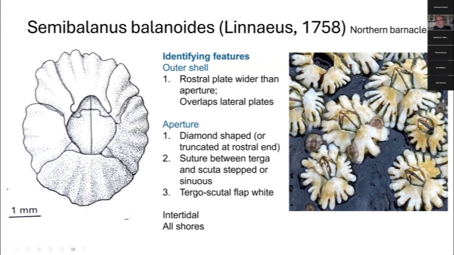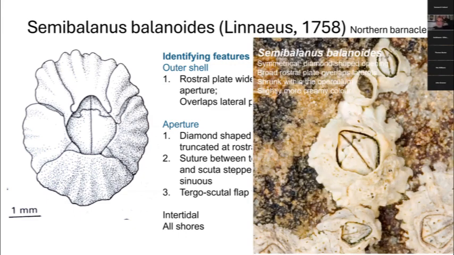You can actually see the tergoscutal flap, which is white in this species, and you can also see the micropyle open in this particular one, even though the legs aren't out. It's still closed, but it's starting to sample the environment. Here you can see the rostral plate overlapping the lateral plates to either side. It's very clear in these live specimens.